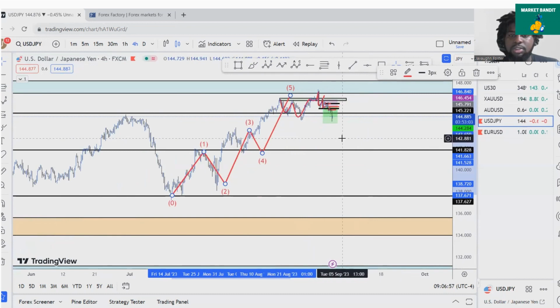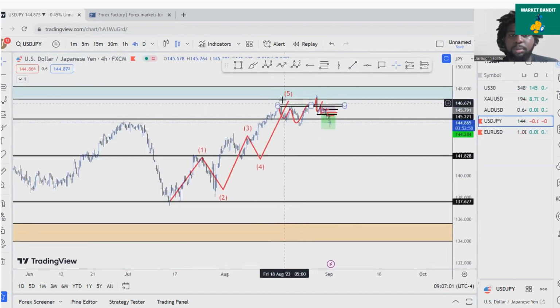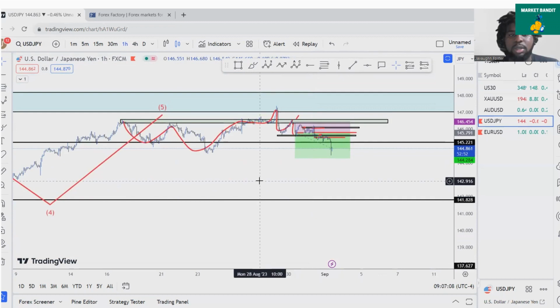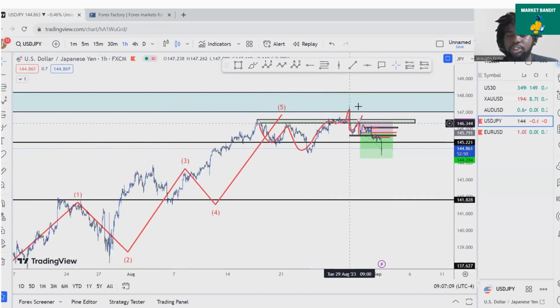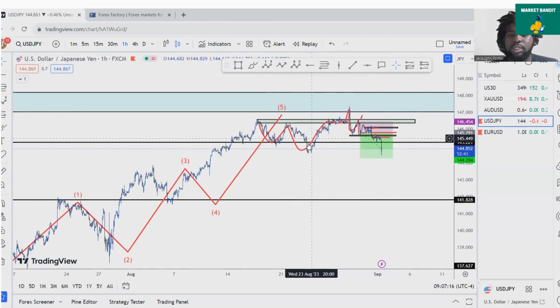Not only that, guys, we had higher time frame divergence using the MACD, and lower time frame divergence as well. And as I mentioned before, the reversal pattern of the structure breaking out, coming back in to retest, which are all key indicators to take a sell.